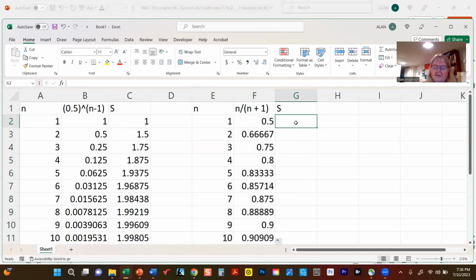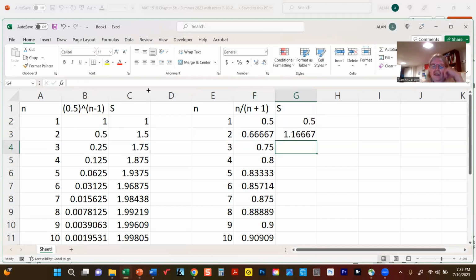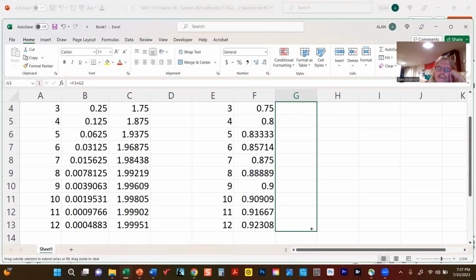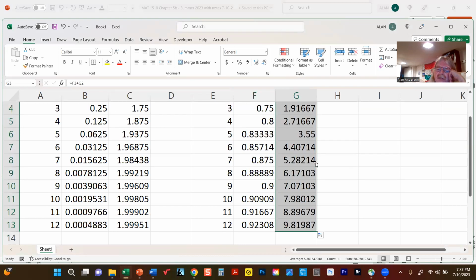But what we're really interested in is this sum. So here we have the first term by itself. Here we have the second plus the first, et cetera. So if you look at the pattern here, let's see if there's any particular pattern. Now, it appears just by looking at these numbers that they're continuously growing. There doesn't seem to be any point at which the growth is slowing down like it did over here.